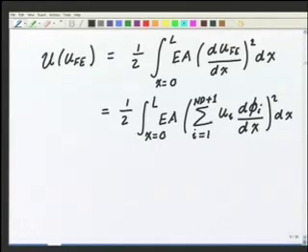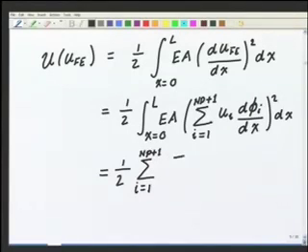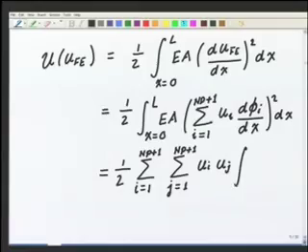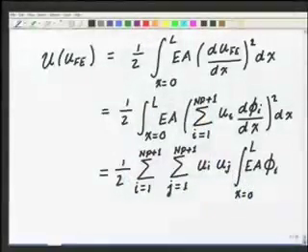So what will this be equal to? This will be equal to, if I expand it out, summation I is equal to 1 to NP plus 1, summation j is equal to 1 to NP plus 1, UI uj integral x is equal to 0 to L EA phi I prime phi j prime.